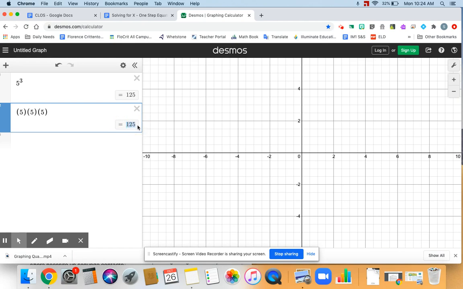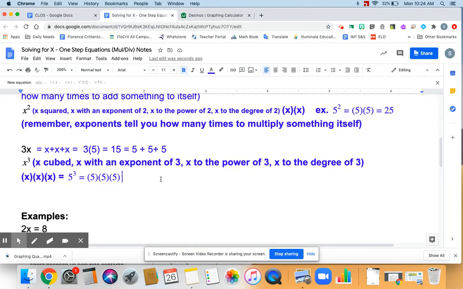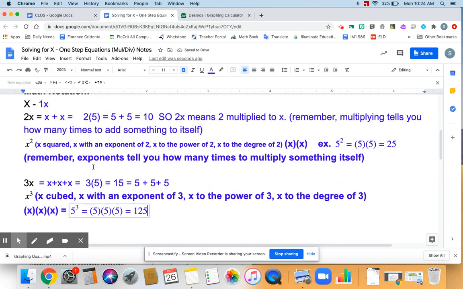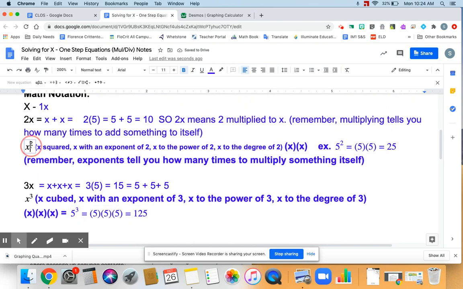So when you use the Desmos calculator, and you type math in here, remember what it equals is down here if you look where my little red circle is. And for this second problem, this is where that answer is. It's right here. So that's some math notation of what it means exponents versus the number in front and how they're different.